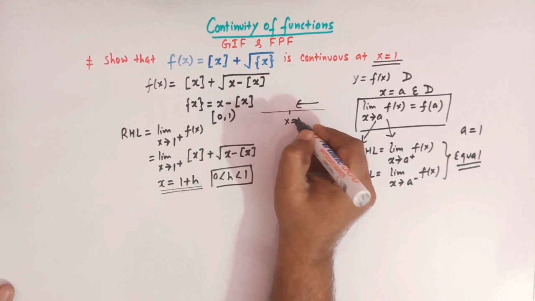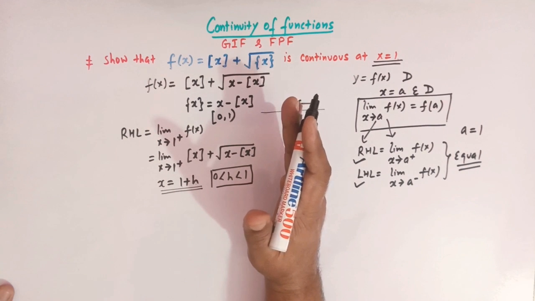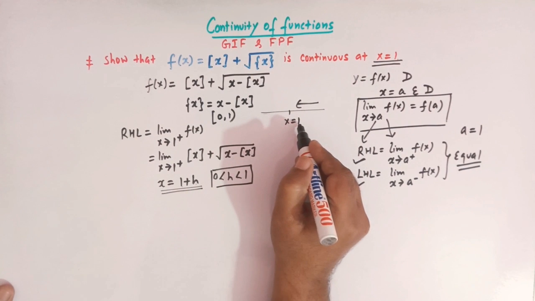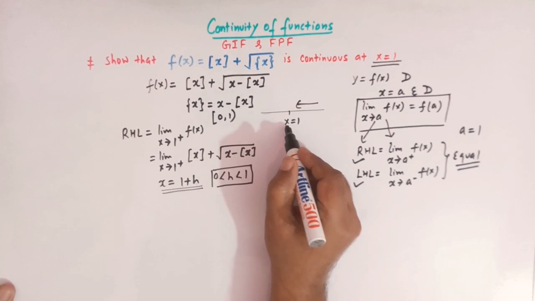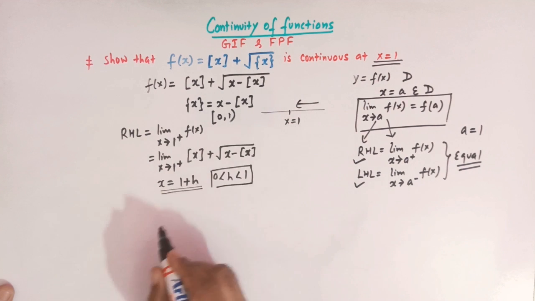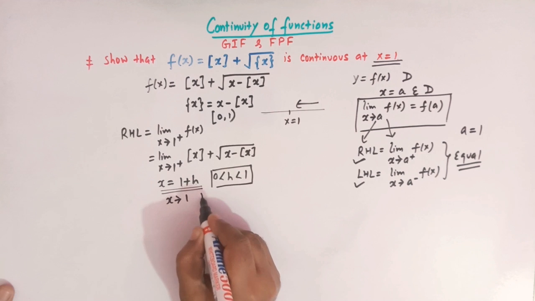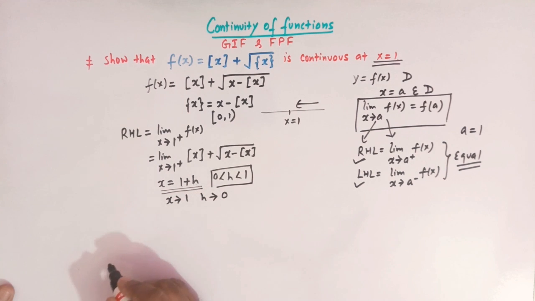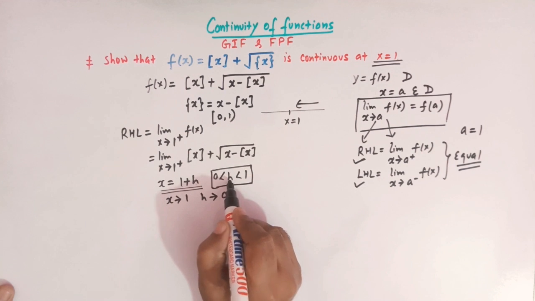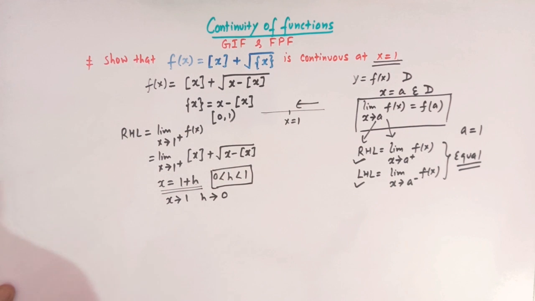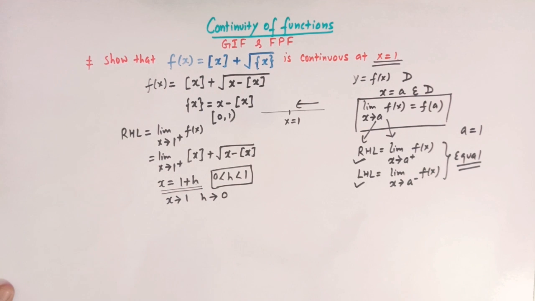Because this quantity lies to the right of x is equal to 1, and we are approaching from the right. When x tends to 1, obviously h tends to 0. We must keep in mind that h is a very small quantity lying between 0 and 1.